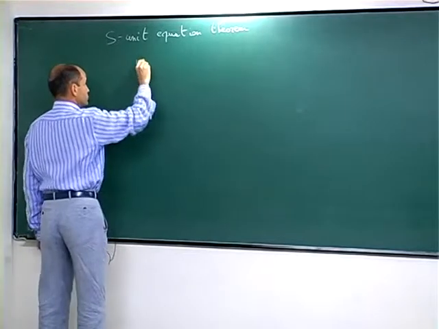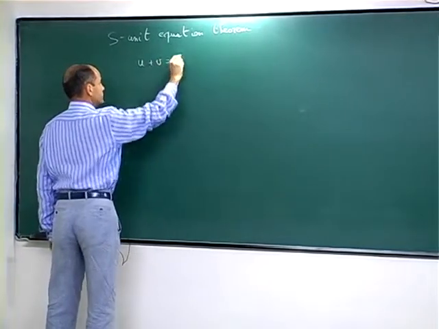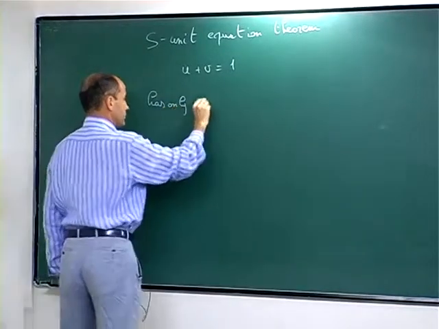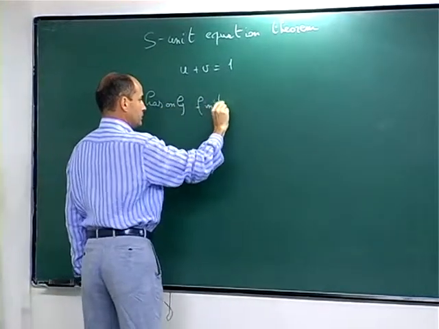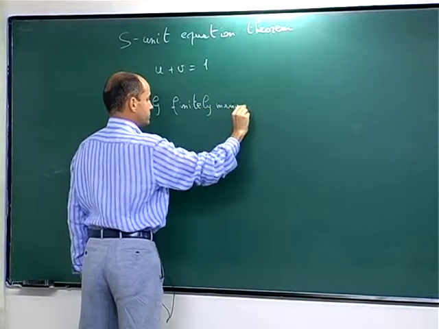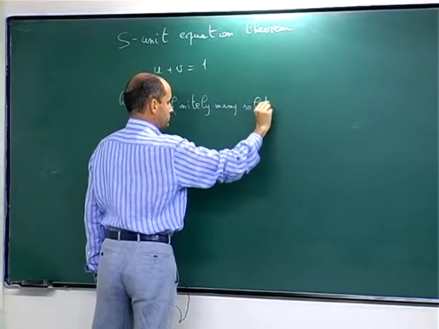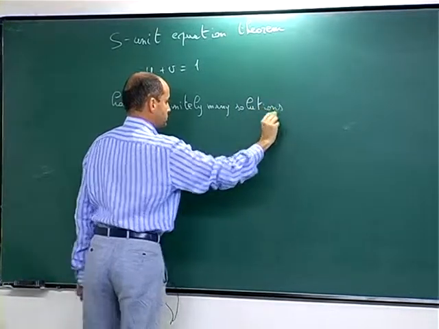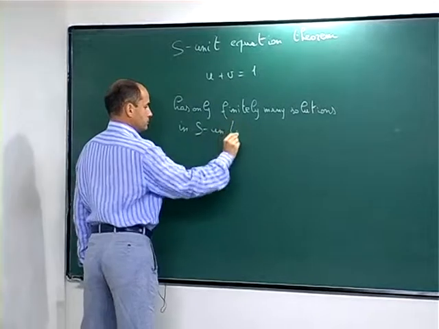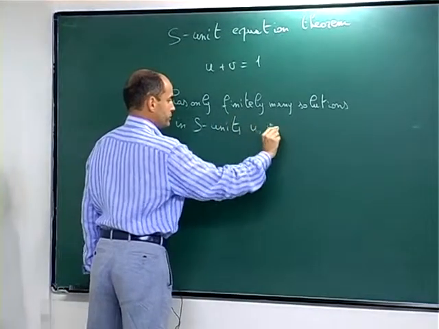The equation u plus v equals 1 has only finitely many solutions in S-units u and v.